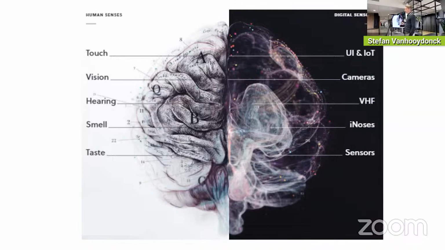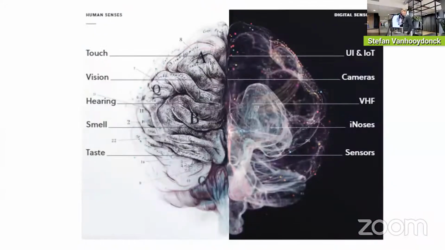Hearing: we have VHF, the radio communication between vessels and the land. Noses: there are air quality devices that smell gases. And taste: we have water quality sensors, for example, that can detect some pollution in the water.